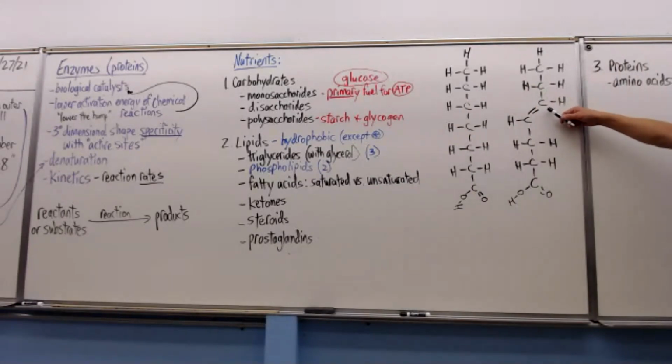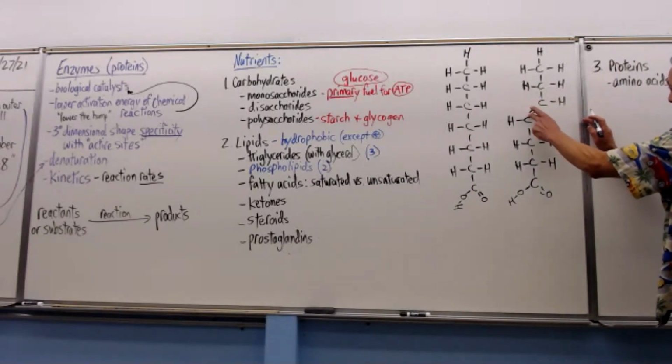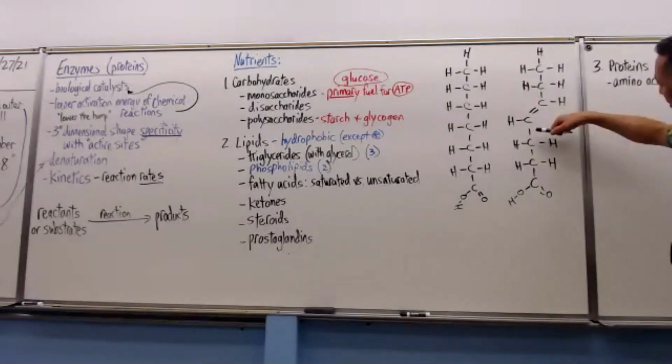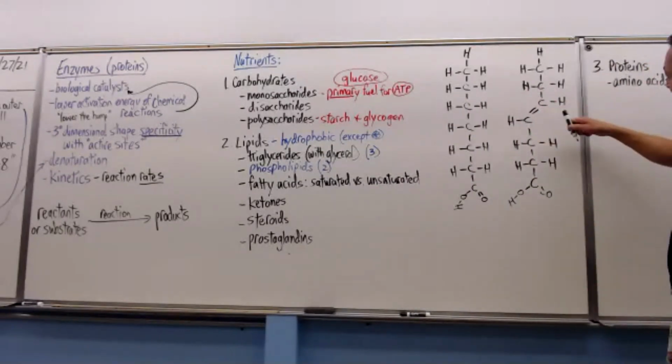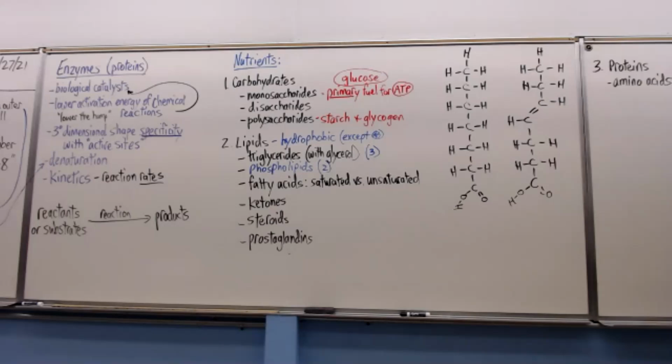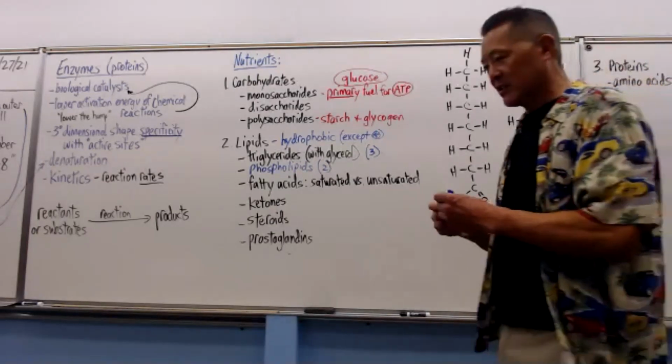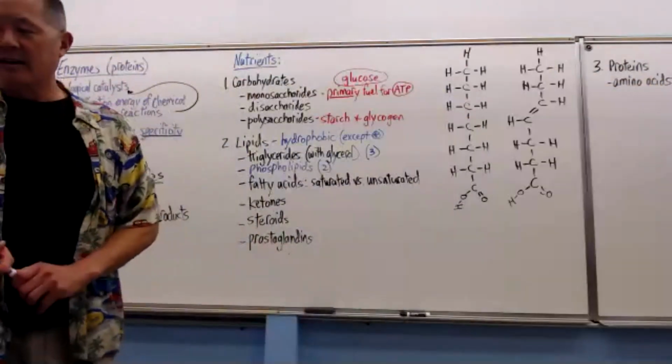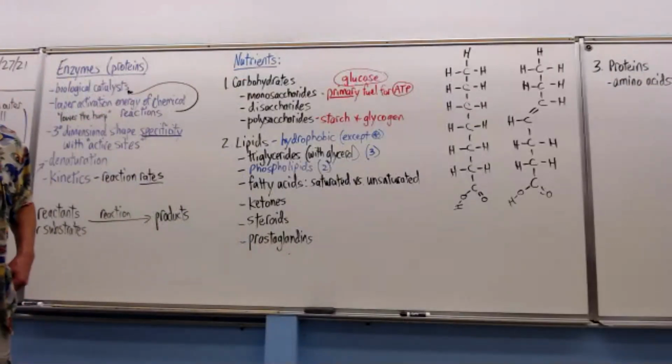And now on these, for these 2 carbons, since there are 2 lines here, 3, 4, that's it. 1, 2, 3, 4, that's it. These 2 now have 2 less hydrogens. Can you see that on the whiteboard?